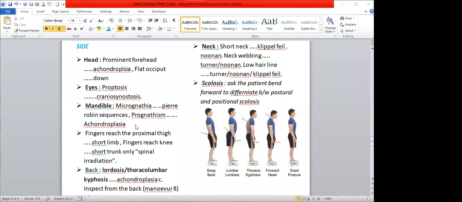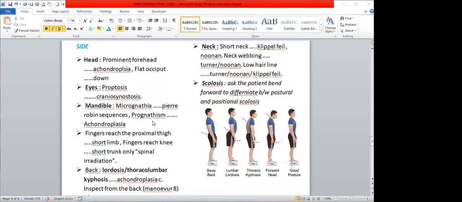Sometimes prognathism, sometimes in achondroplasia. What does prognathism mean? The opposite of retrognathia, a prominent mandible. Exactly. So in an achondroplasia child, there is mid-face hypoplasia with sometimes a prominent mandible.